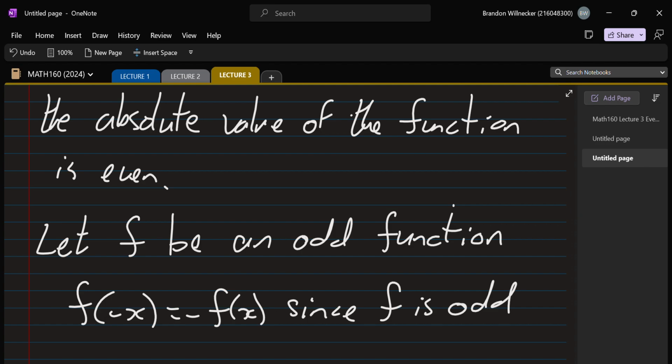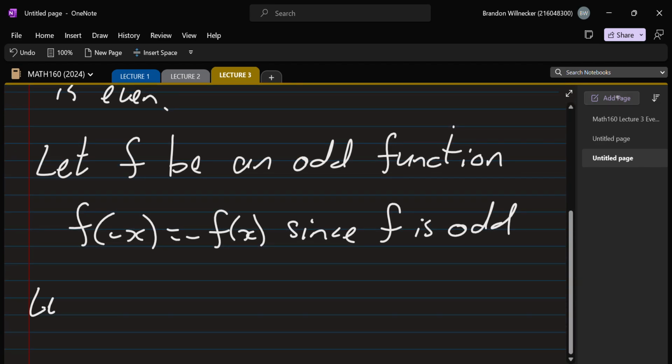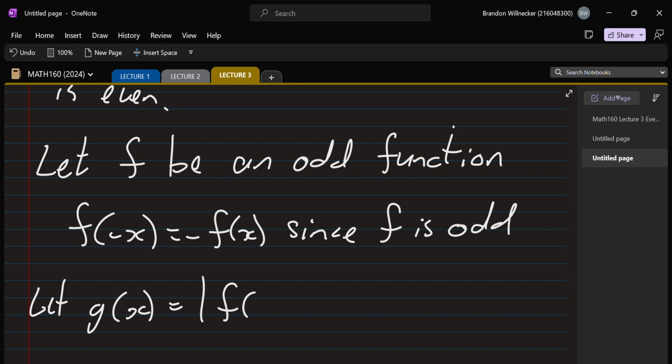Okay, so that's a good start. What do we want to show? We want to show that the absolute value of this function is then even. So let's come up with a new function that's the absolute value of this f. Let g of x be the absolute value of f of x.